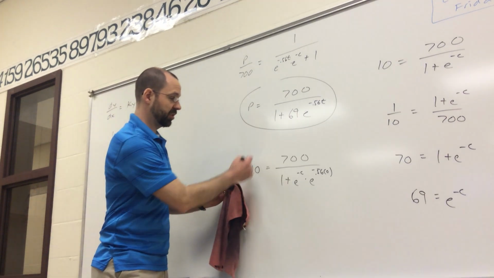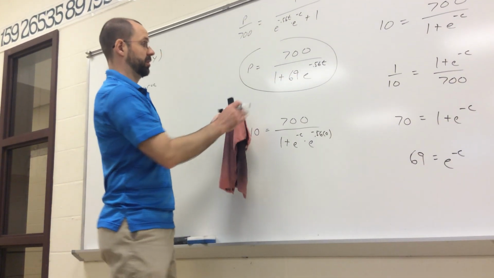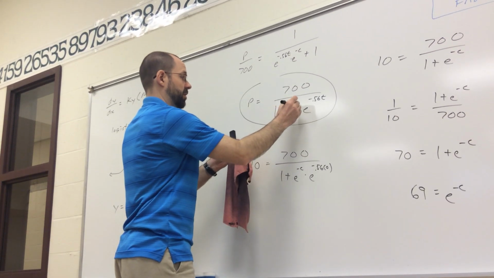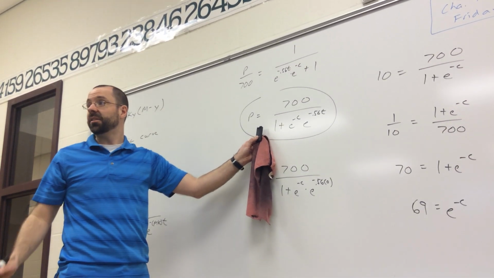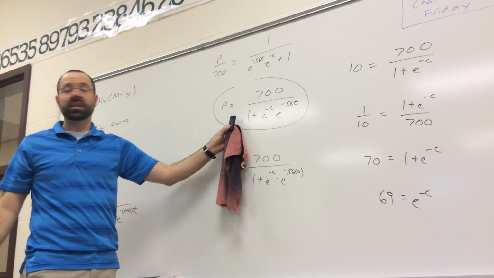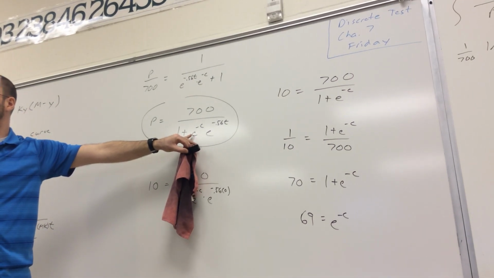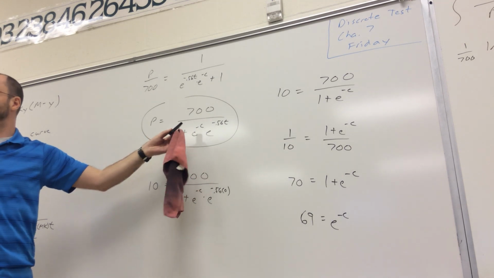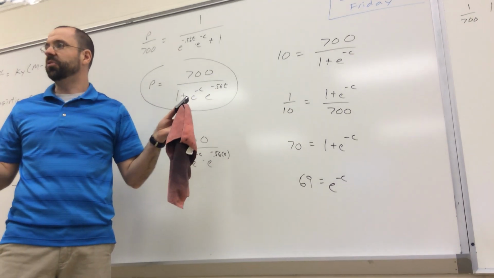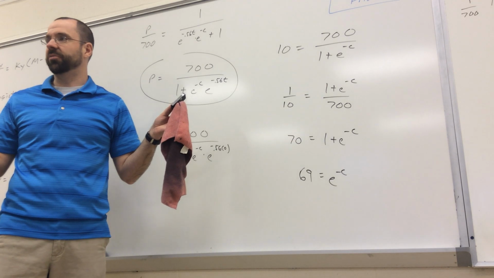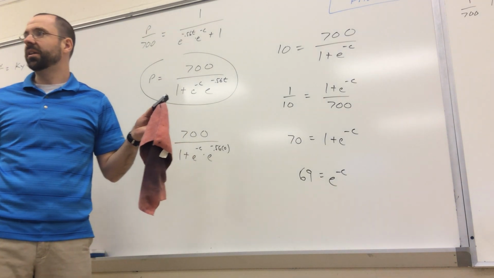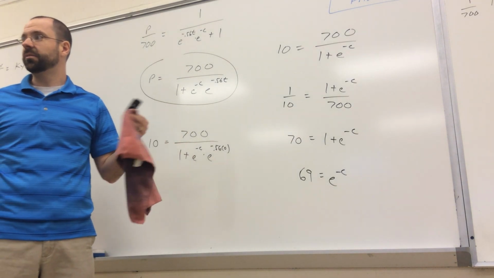Yeah, this is as far as we got with the partial fractions. And then we just had to figure out that number from the (0, 10) that they gave us. Okay. So it's just like any other antiderivative problem. You need a starting value, a (0, 10), or a (0, whatever), to find out the C.